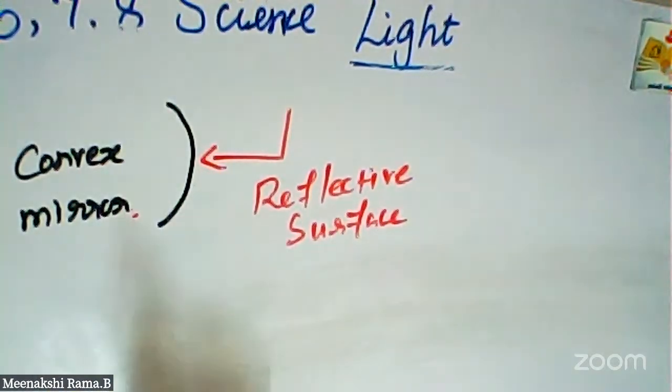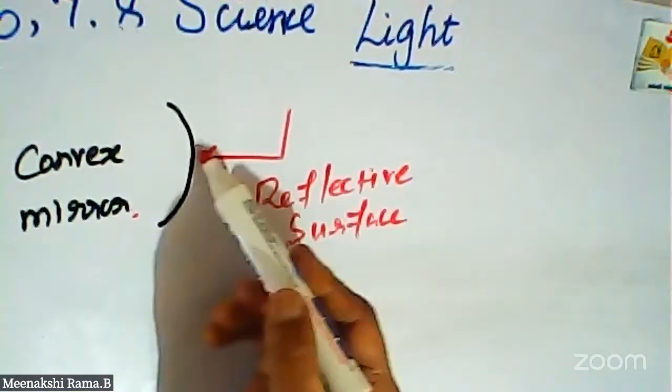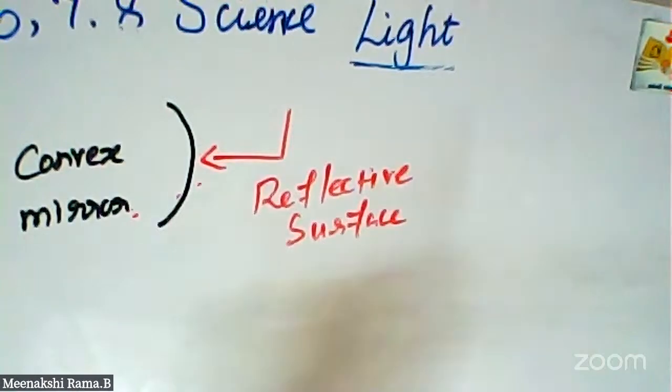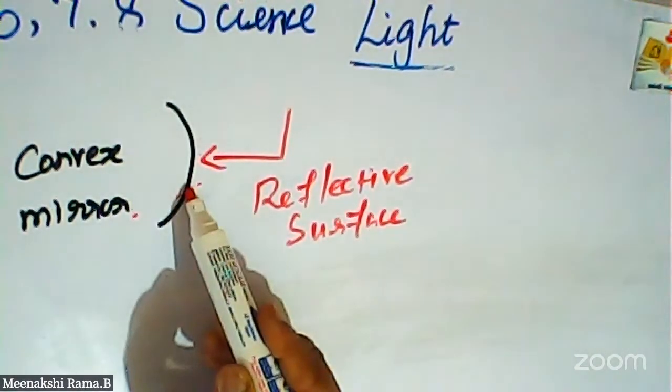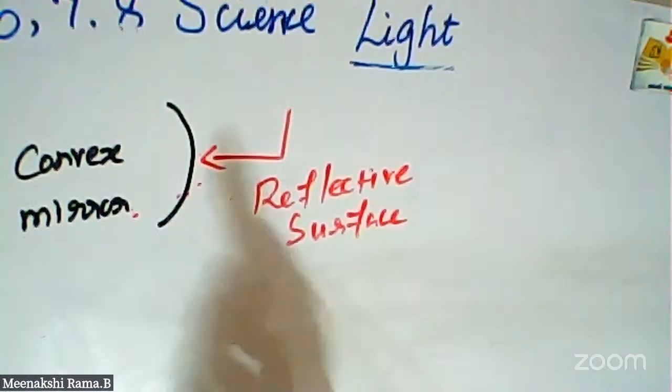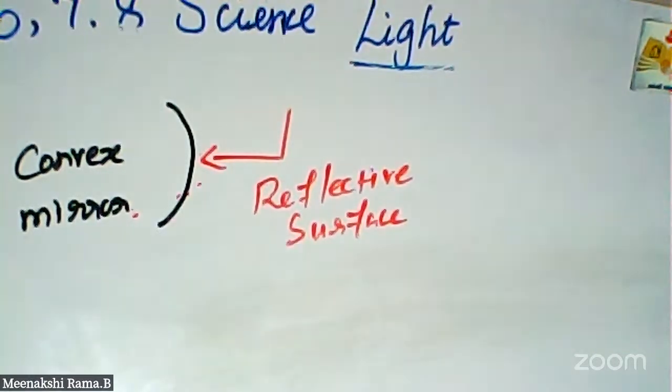When light passes in this area, the light is definitely reflected here. So this is called the reflective portion. The image formed by the mirror is smaller.